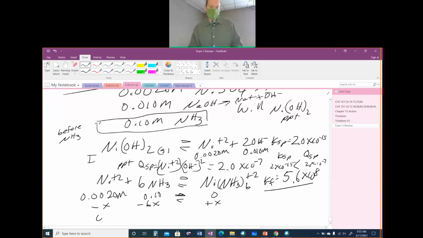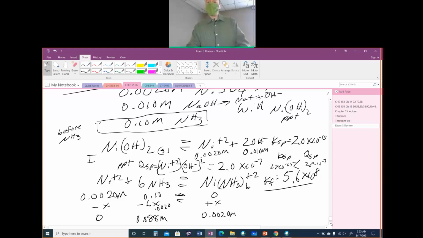And so this is going to 0. So your x value is 0.002. And so you have 0.0020 here. So minus that, you get 0.088 molar. And you get 0.0020 molar.